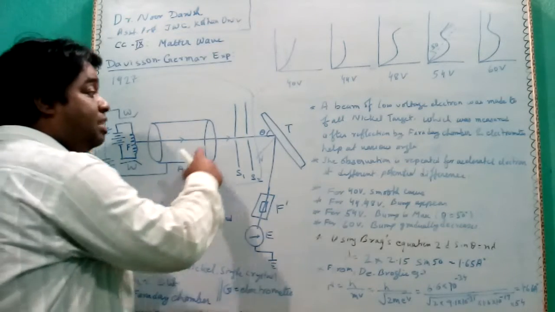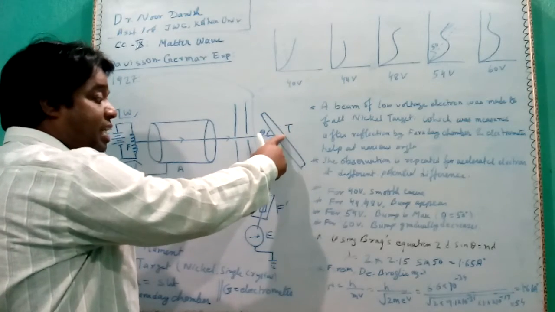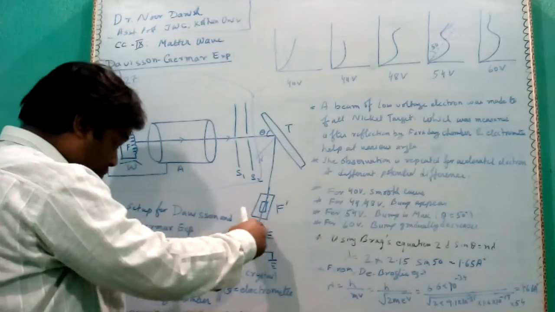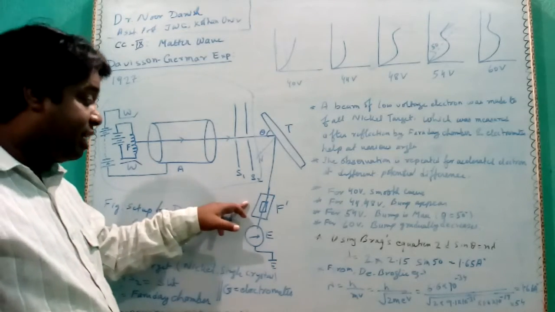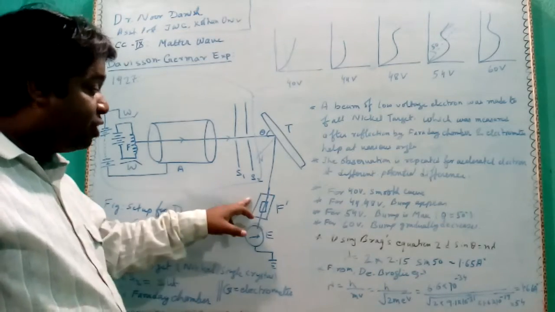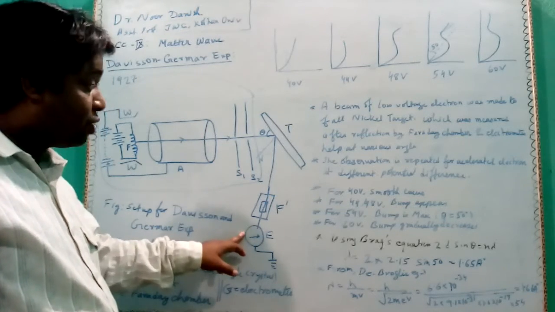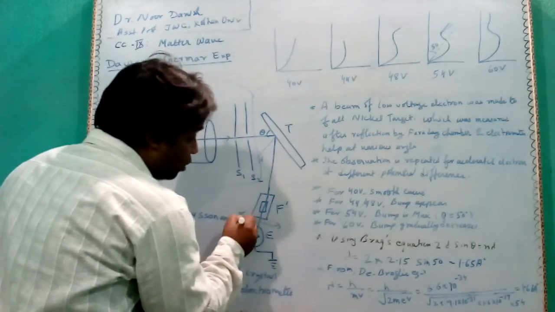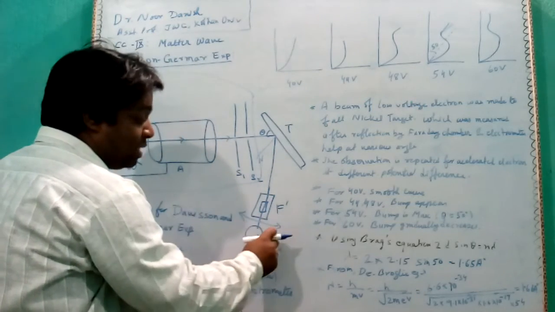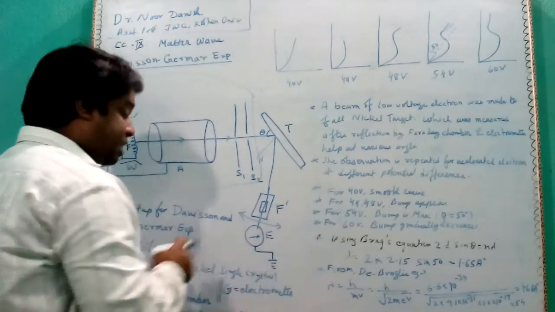Once the electron is incident on the target of nickel, a Faraday chamber, also called a Faraday cup, is used to measure the number of electrons, and this chamber keeps moving. It takes the reading from one position to another and gives us a graph.